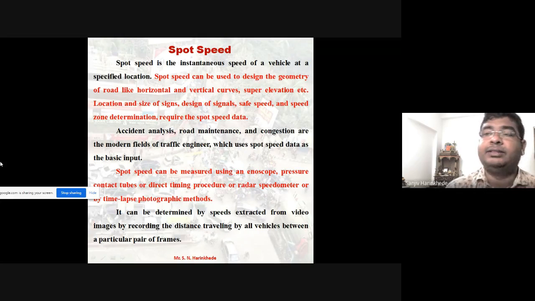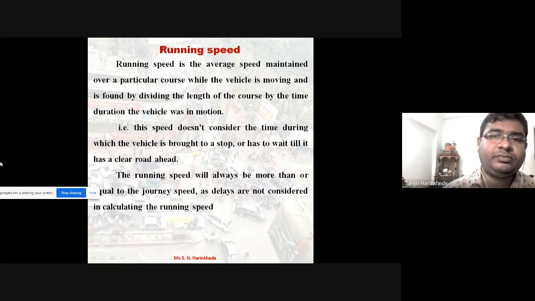As we know, there are so many traffic inspectors present on the road, they can measure our speed by an instrument, that is by photographic image or video image. They can identify our speed. If it is more, then they can fine us with various charges by using this spot speed method.